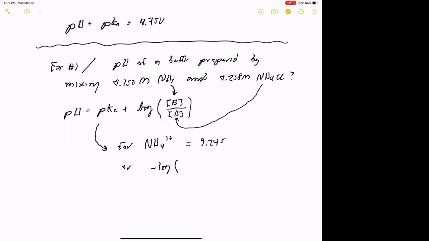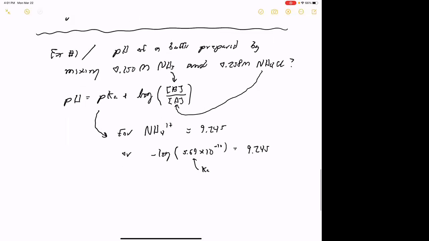So I can look up the Ka, and that's 5.69 times 10 to the minus 10th. That's my Ka value, which I can also find in the table. And that turns out to also be 9.245. So either way, you can look up the pKa directly, or you can calculate it from the Ka. Okay, now I've got everything I need.